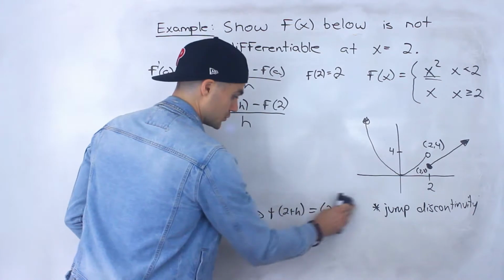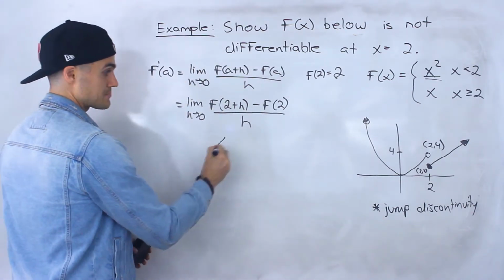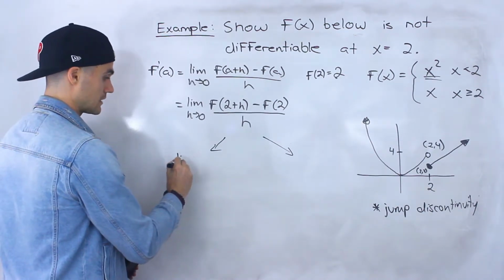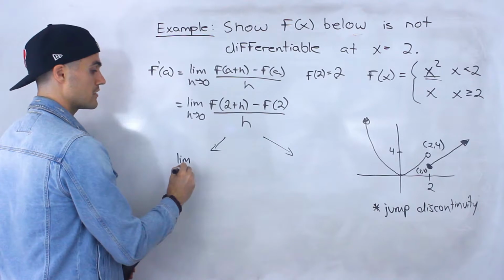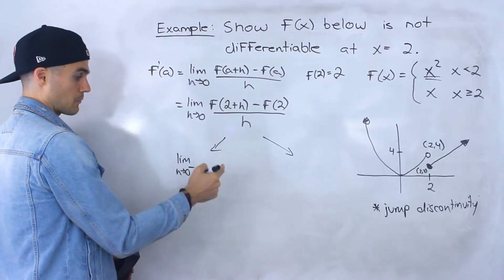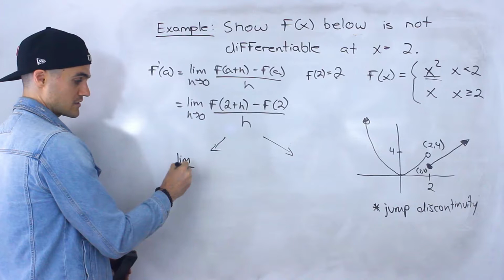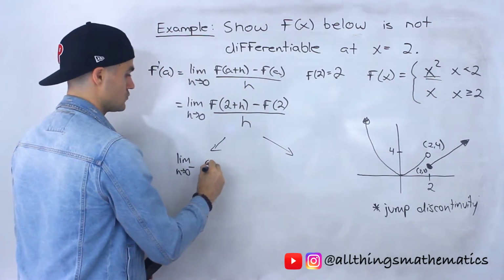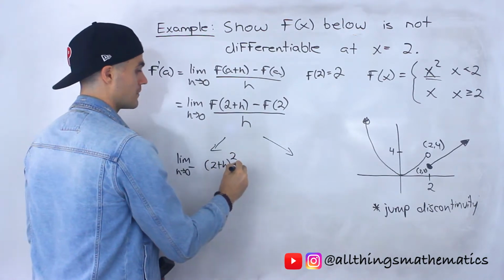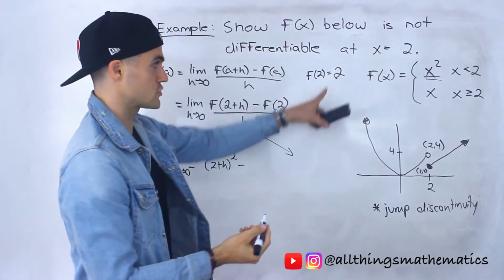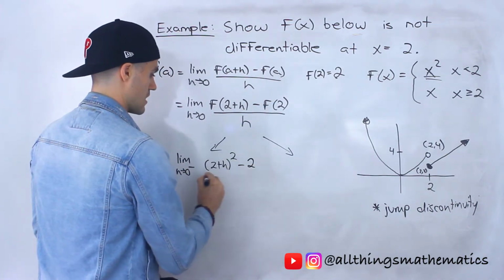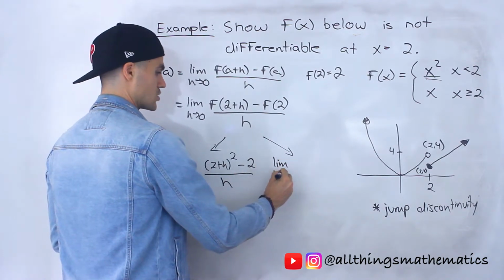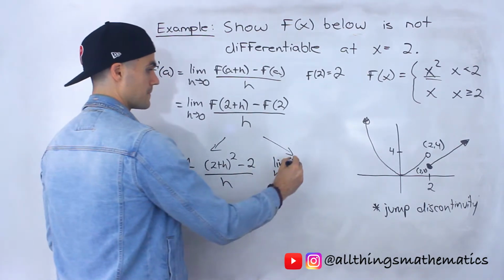And so what we have to do is split up right here into two separate cases. So we'll have the limit as h approaches 0 from the negative side. And remember, if we approach an h value 0 from the negative side, this f of 2 plus h is going into this function. So it's going to be 2 plus h squared minus f of 2. F of 2, we know it's always going to be 2. And that's going to be all over h. And then here we're going to have the limit as h approaches 0 from the positive side.